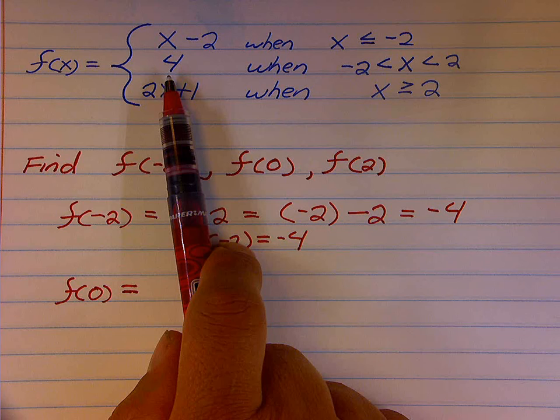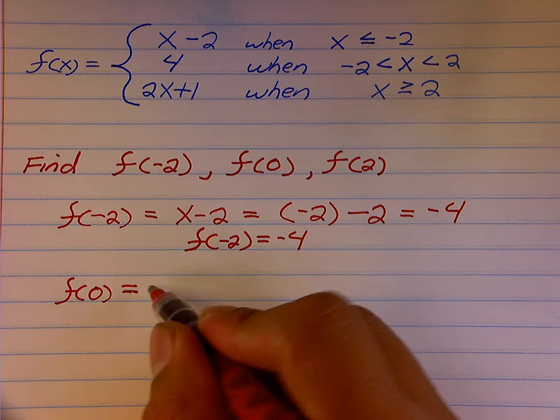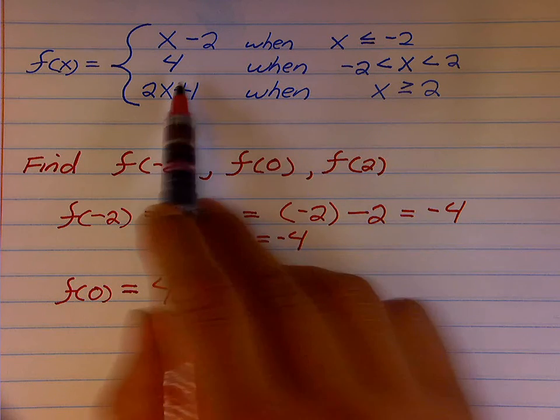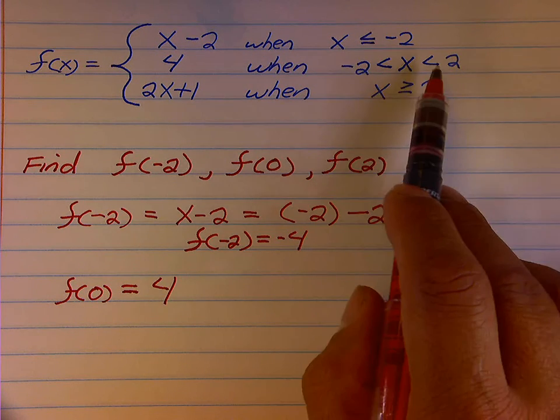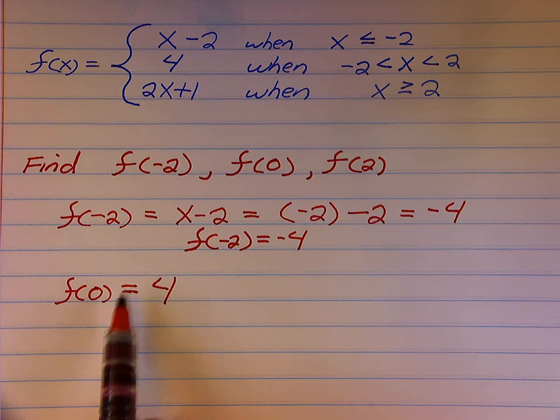This piece of the formula says my y value is 4. Since the formula has no x values in it, I'm done. This piece, y is 4 when x is in between negative 2 and positive 2. So 0 is in between there, y must equal 4.